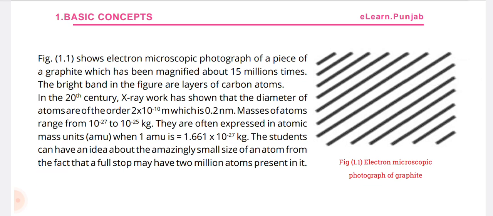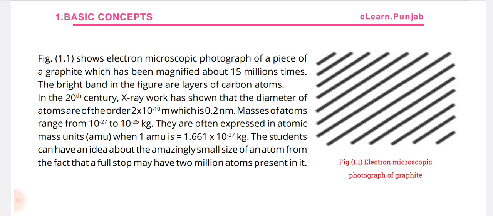Figure 1.1 shows an electron microscope graph of a piece of graphite which has been magnified about 15 million times. The bright band is the layers of carbon atoms. In the 20th century, X-ray work has shown that the diameter of atoms is of the order of 2 × 10^-10 meter, which is 0.2 nanometer.